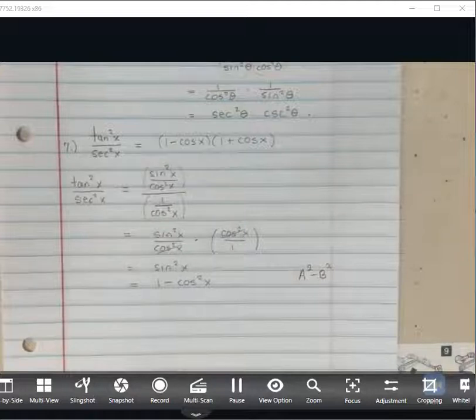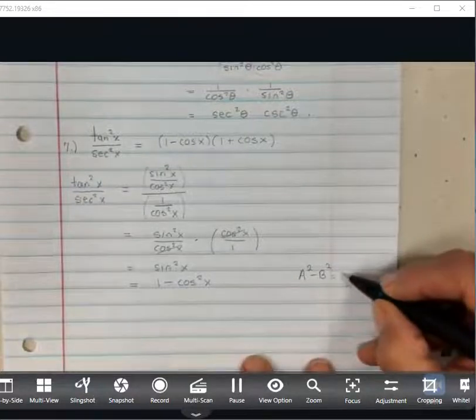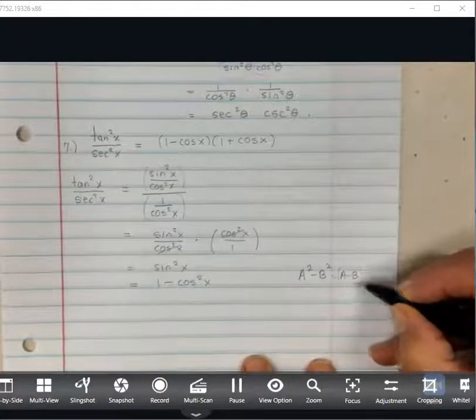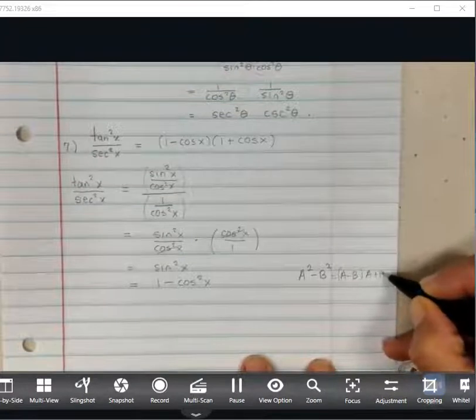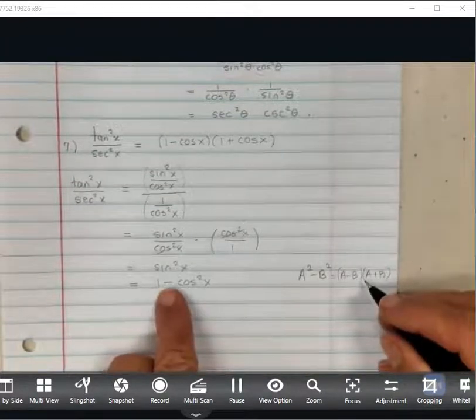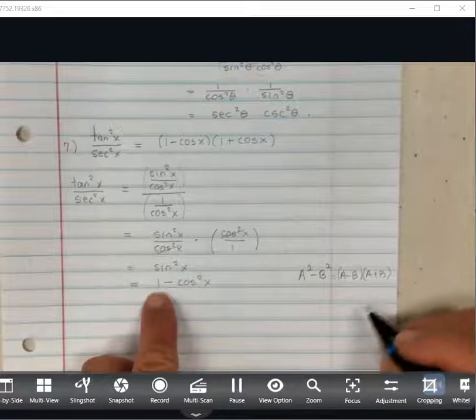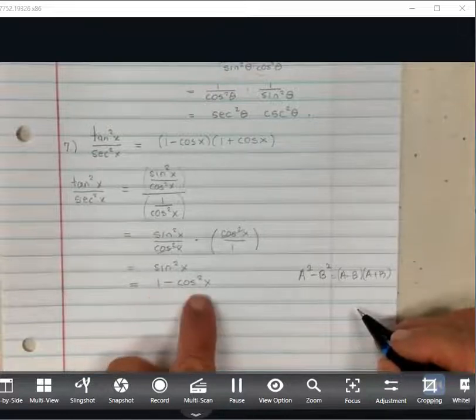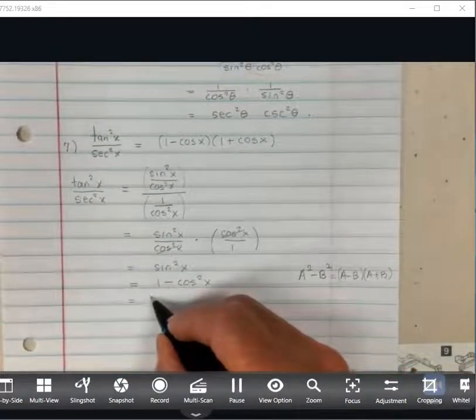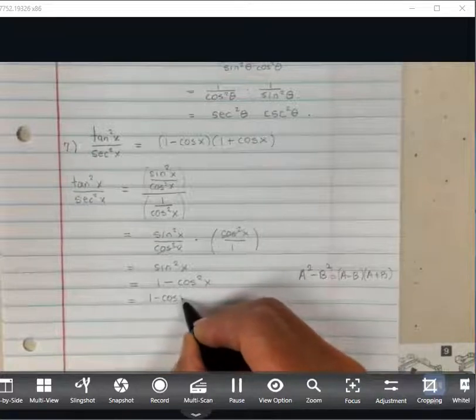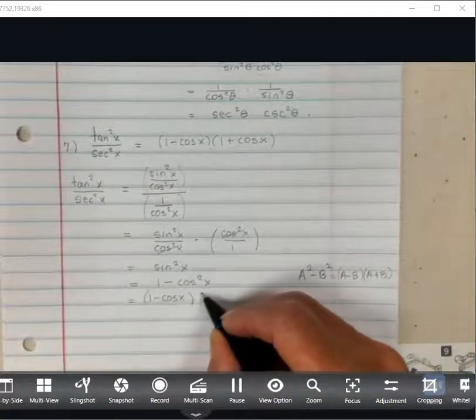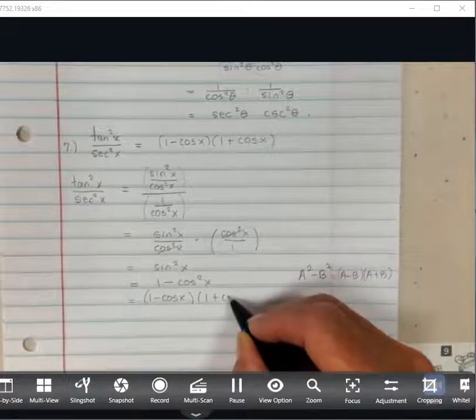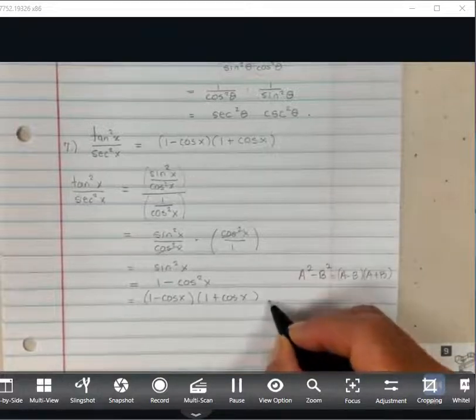A minus b times a plus b, and that's what we have above. Difference of squares. So I should be able to factor this as 1 minus cosine times 1 plus cosine. And that's what we got up there. And we're done.